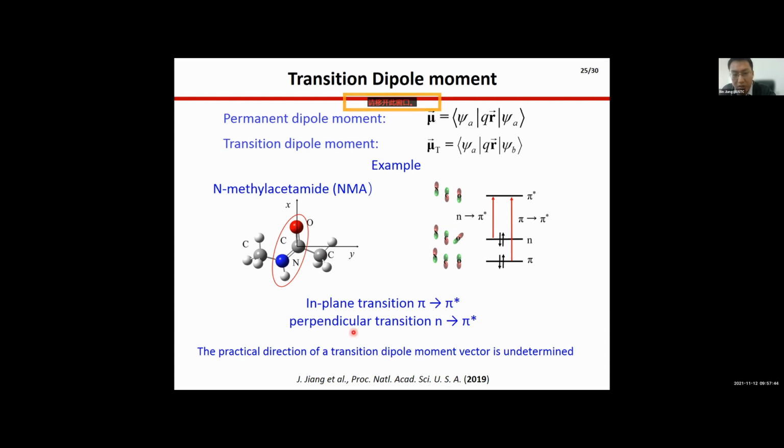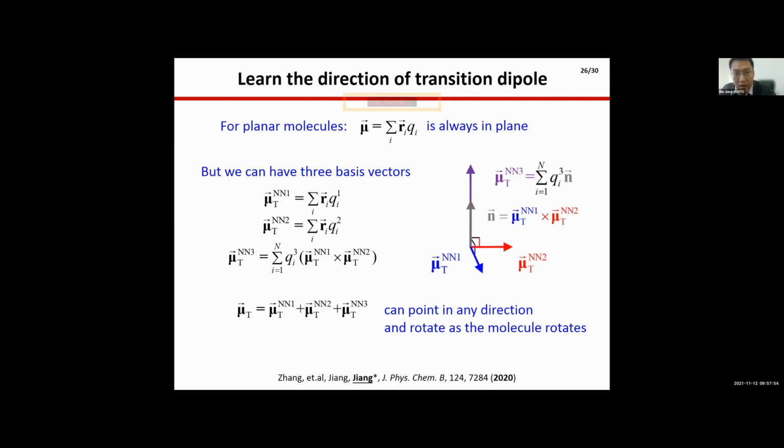And the actual direction of this transition dipole moment vector is undetermined for an arbitrary geometry. For planar molecules, if you use this expression, the vector will always be in the molecular plane, but you cannot predict the perpendicular component.